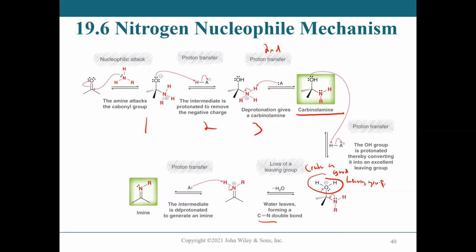So notice that the first 3 steps here are very similar to the 3 steps of the acetal formation, but the order of the steps has changed. So the imine formation begins with a nucleophilic attack, while the acetal formation begins with a proton transfer. So those are your big differences.